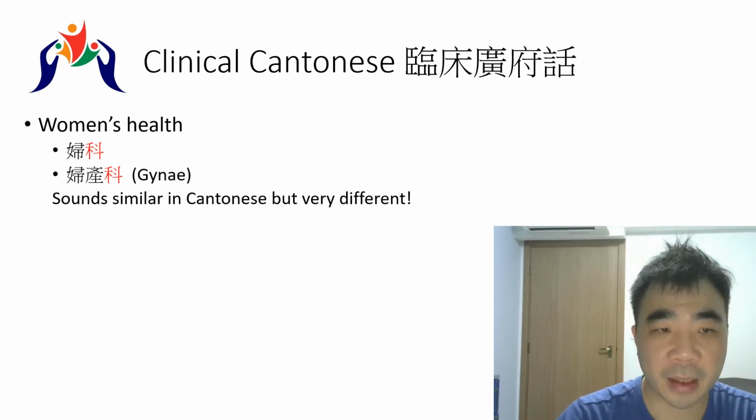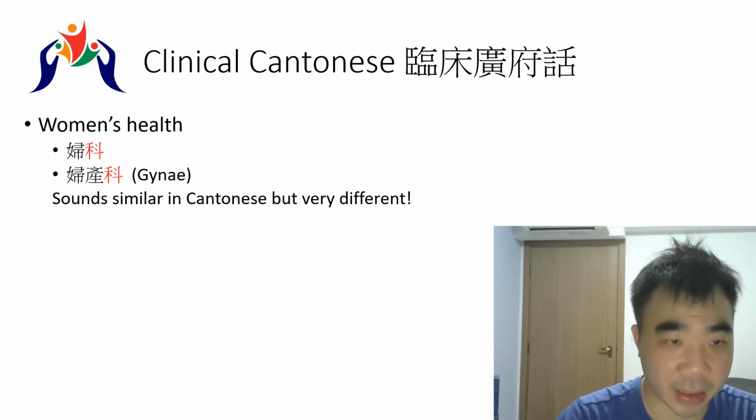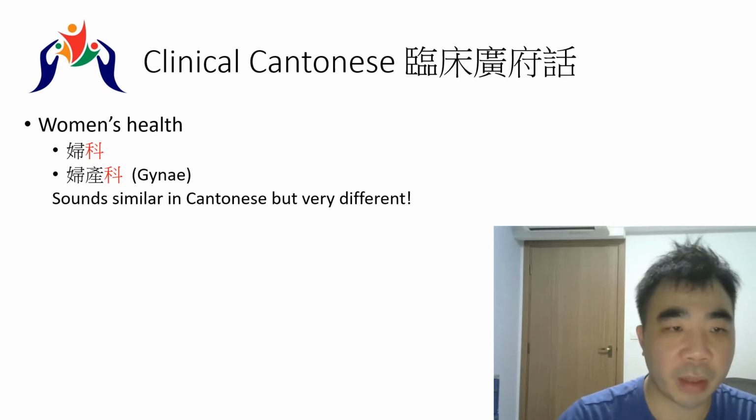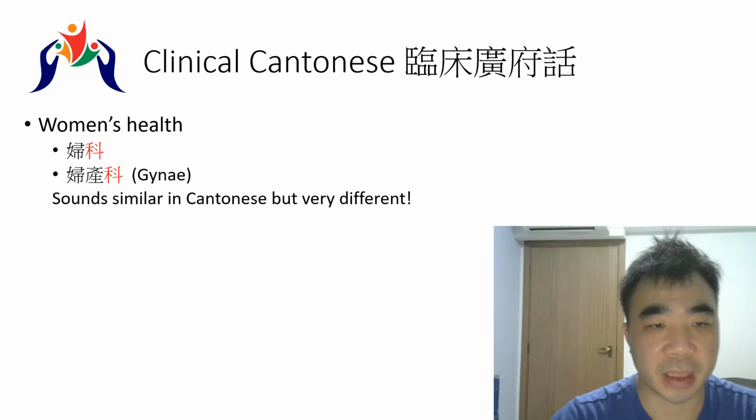So this part, women's health, I would like to highlight with more clinical experience. In English, it's very simple: women's health, or women's problems, or they also have gynae to monitor the pregnancy and then the delivery for the mothers. So they integrate as women's health, but in English we add gynae to be specific.